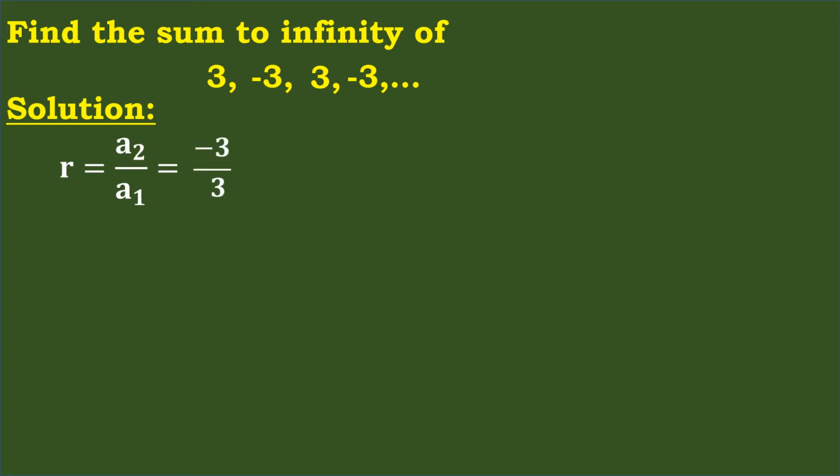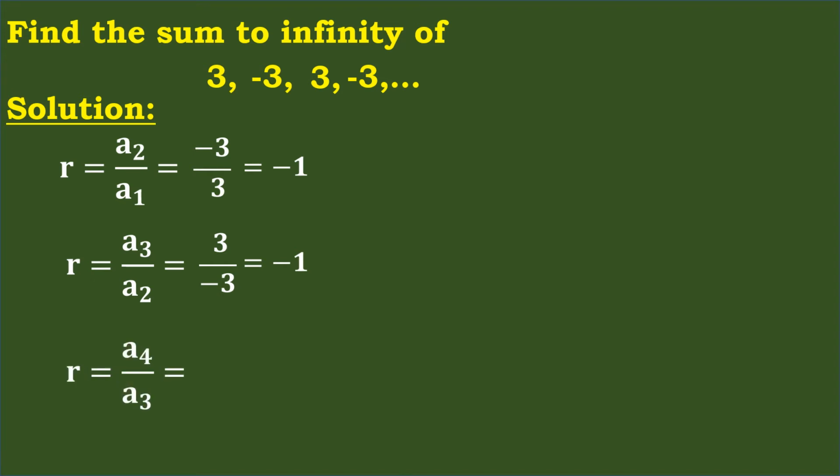So, negative 3 divided by 3 equals negative 1. Divide the third term by the second term. 3 divided by negative 3 is also equals to negative 1. Divide the fourth term by the third term. So, negative 3 divided by 3 is negative 1. Our common ratio is negative 1.